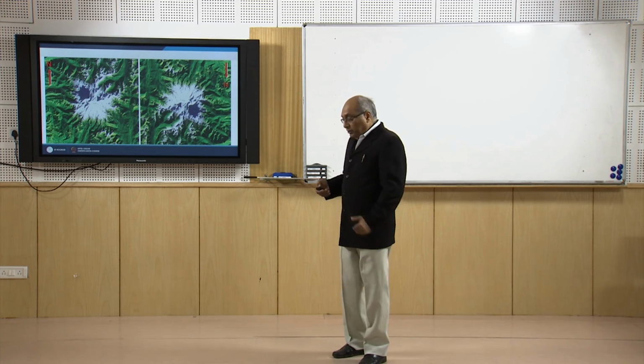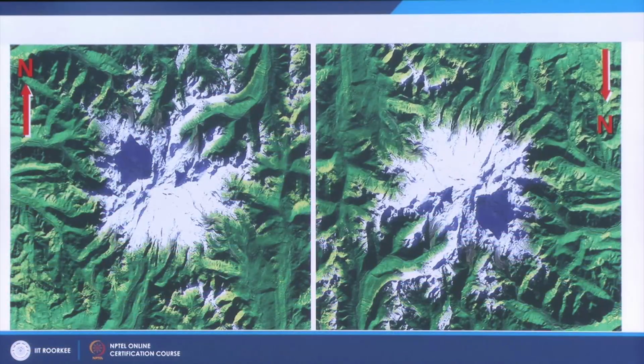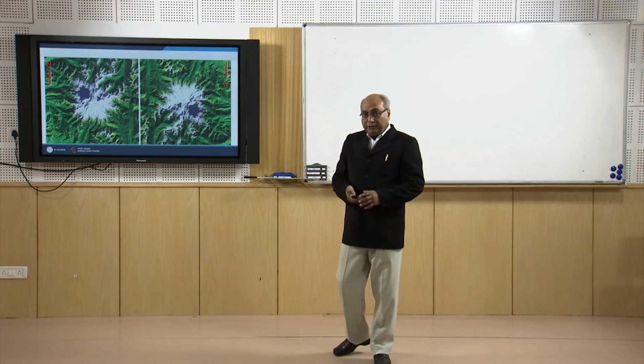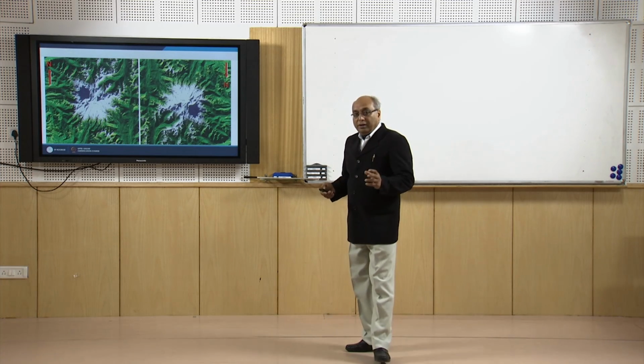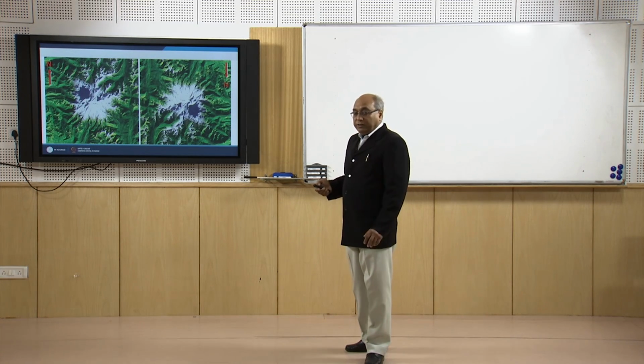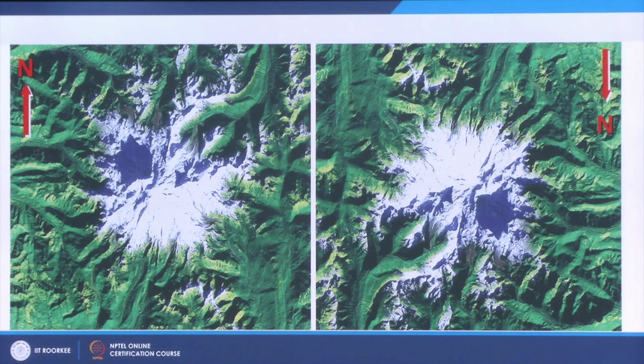That means you keep the illumination source in the northwest quadrant rather than in the southeast quadrant, as really happens in sun synchronous satellite images. So one has to be very careful while using shadows in interpretations, especially in hilly terrain where shadows are very common and give you depth perception as well.